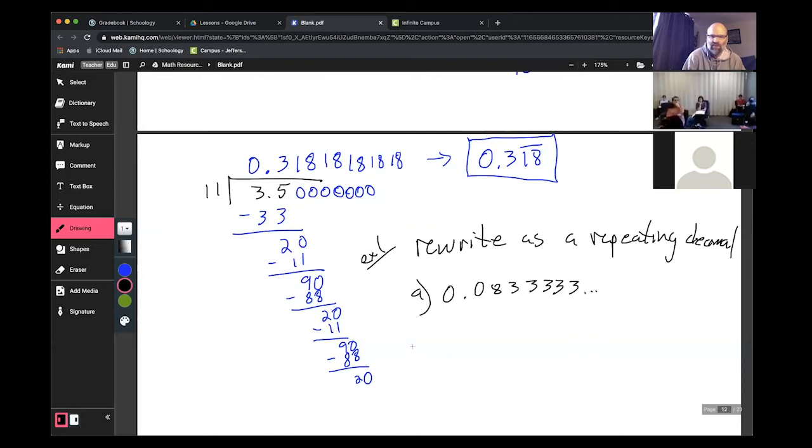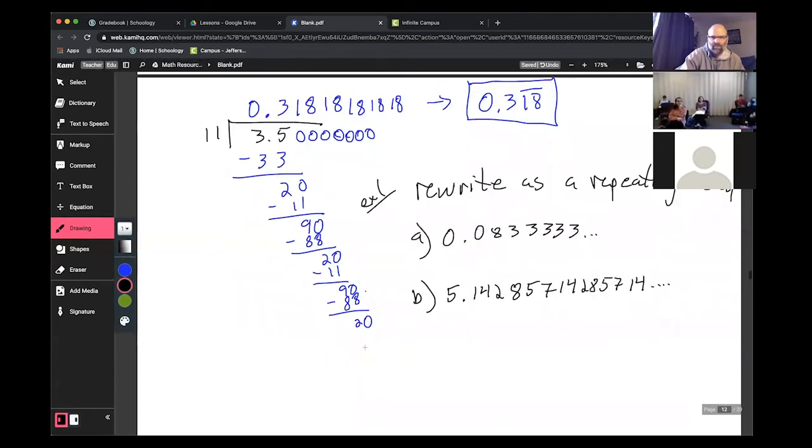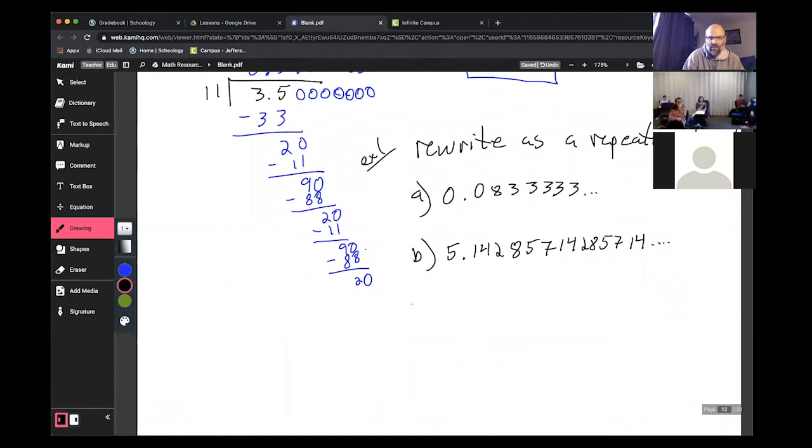So see if you can rewrite that as a repeating decimal in the right format. And then when you're done with that, try to rewrite this one. Okay, and then when you're done with that, try rewriting this one.